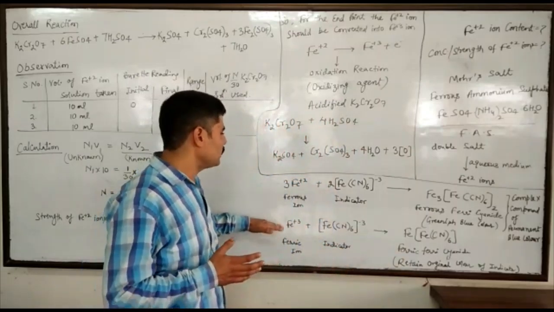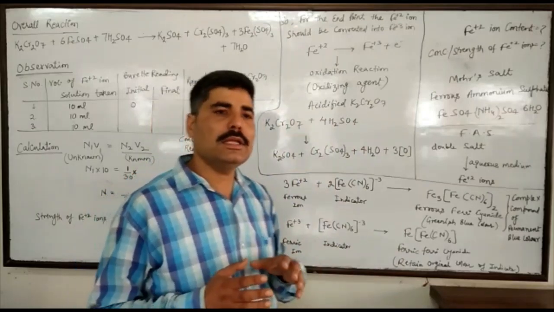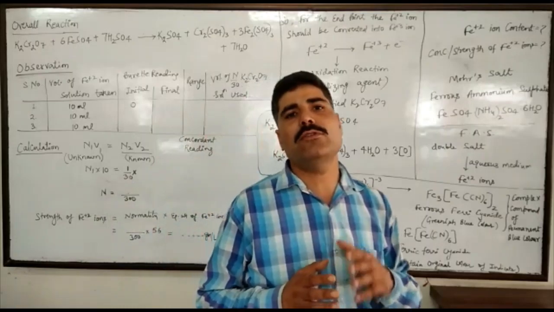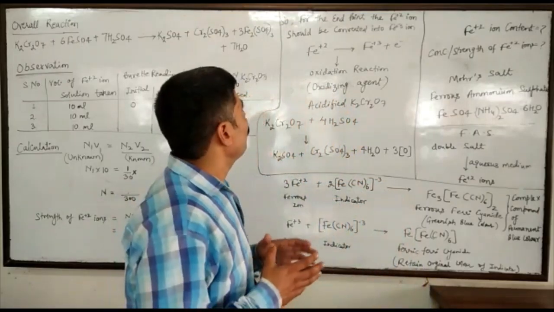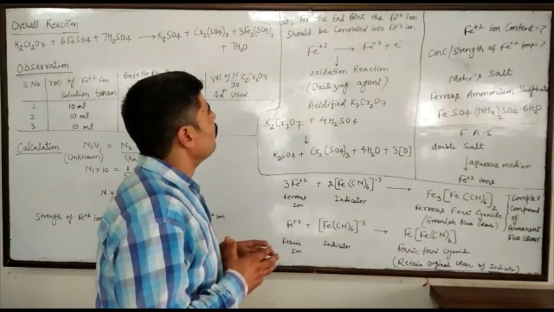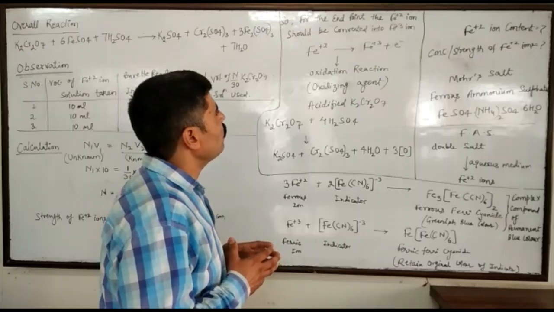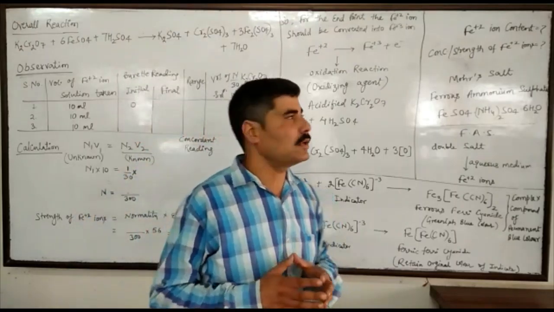So both of the ions, ferrous and ferric ion, react with the indicator in a different manner, and by this we will be able to find out the end point of the titration. So the end point of the titration is reported when we convert the Fe+2 ion into a Fe+3 ion, because both of the ions react with the indicator in a different manner.